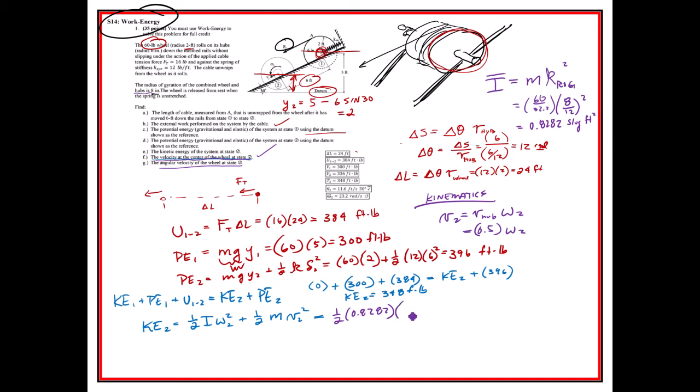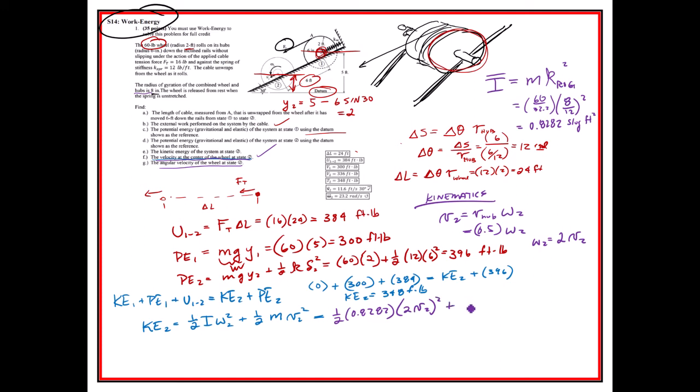Let me write it the other way. Omega 2 is going to be equal to 2 times V2. Because that would be the omega squared.